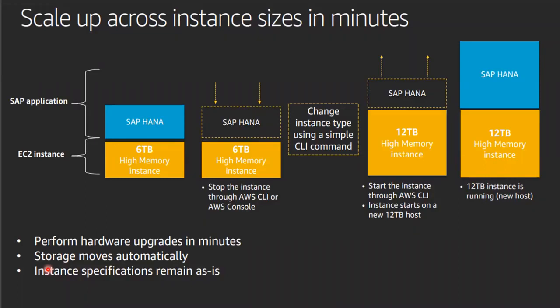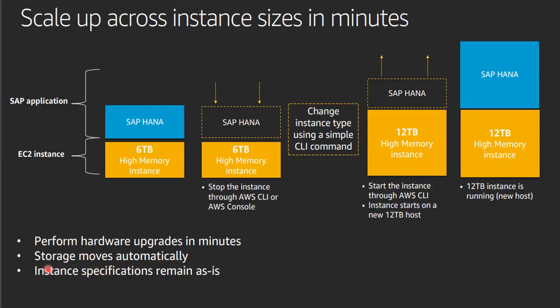The first thing you should do is stop the EC2 instance, the current SAP HANA instance, through the console or CLI. Then change the instance type, select the bigger instance, and then start the instance again using the command line or console, and you're up and running. So you see, it's so easy, and it gives the customer flexibility to go big anytime.